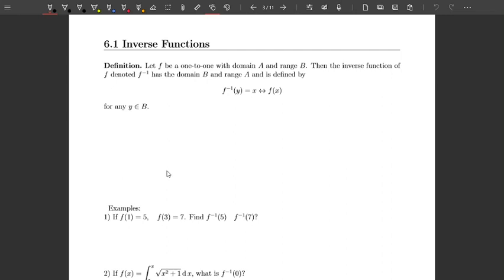Now, if a function is one-to-one and has domain A and range B, the inverse of that function, if we denote the function by f, will be denoted by f inverse.